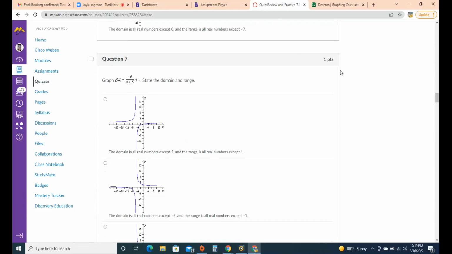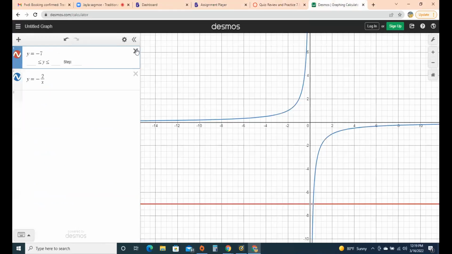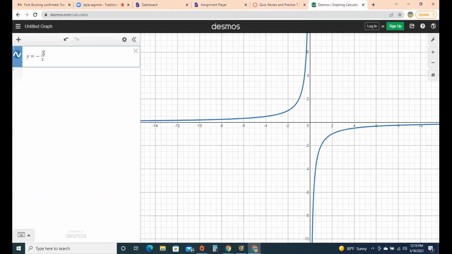All right, so for this one, I do want you to just go ahead and graph it in Desmos, and we'll just take a look and see which one is the same.